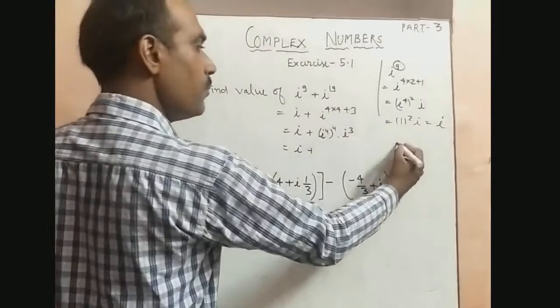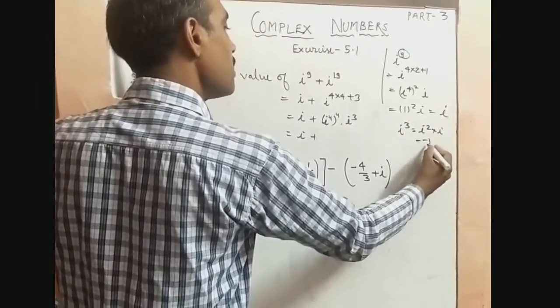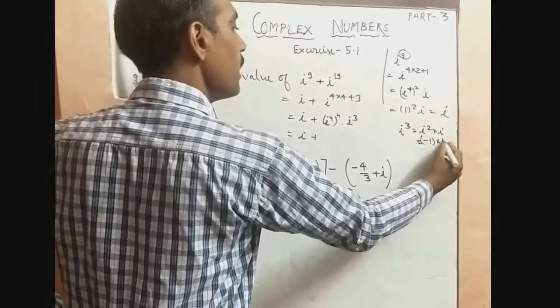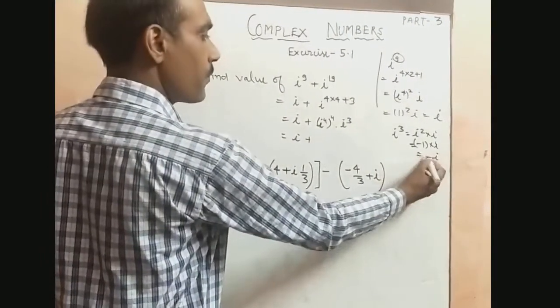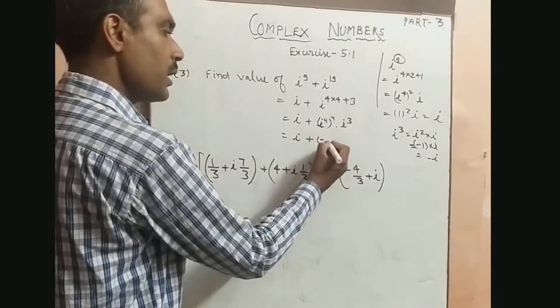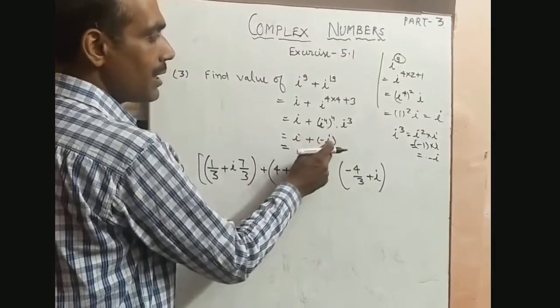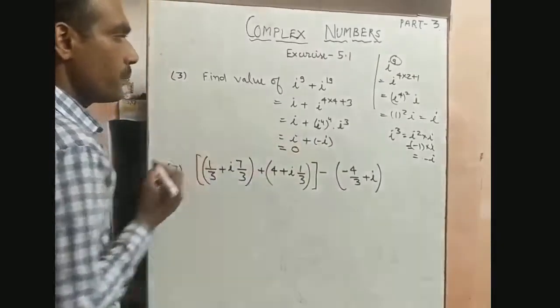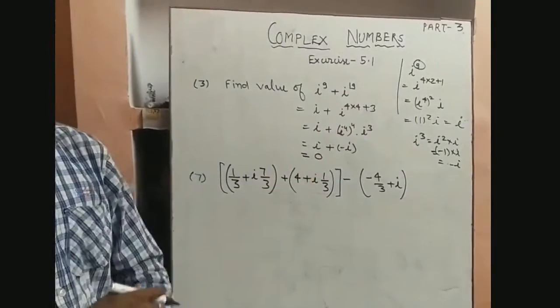And i cube is equal to i square into i, which is minus 1 into i, so i cube is equal to minus i. Then i minus i is equal to 0. The value of this is equal to 0.